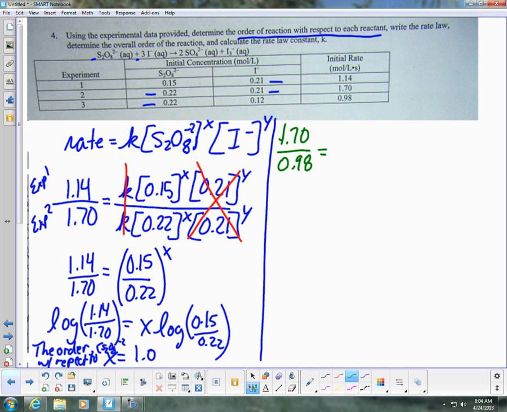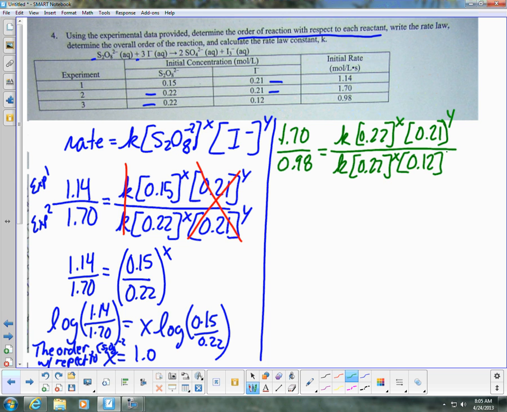On this one, I'm holding the S2O8. So over here, we've got 0.22 to the x. I'm still going to hold it as x because I don't want to put the 1 in right now. And I've got 0.21 to the y. And then on the bottom, k, I've got 0.22 to the x and 0.12 to the y.